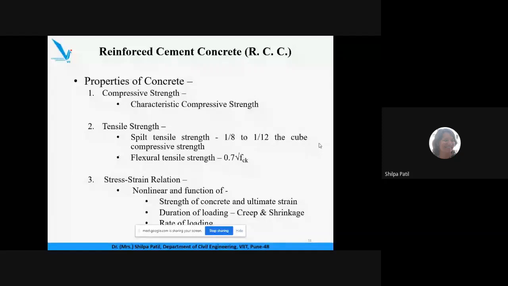Students? Under UTM machine. Tensile strength of concrete. You perform it using UTM? What type of test specimen have you used?